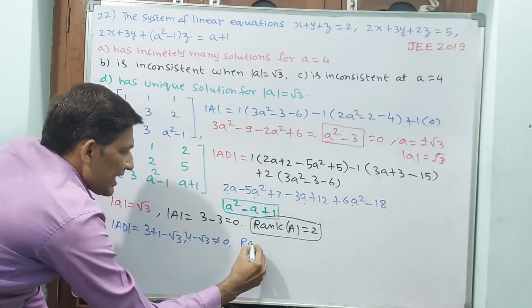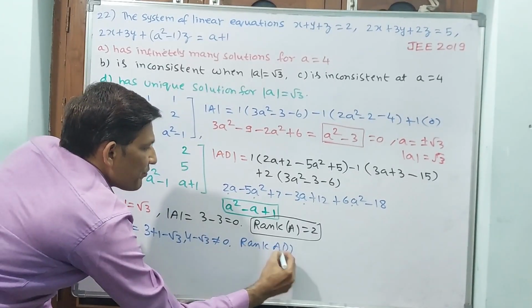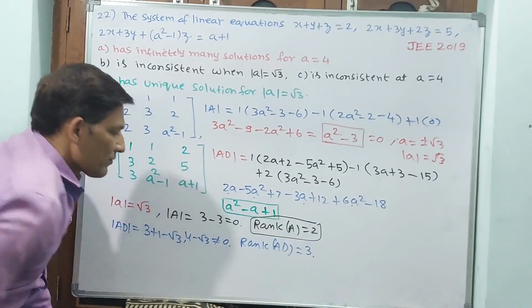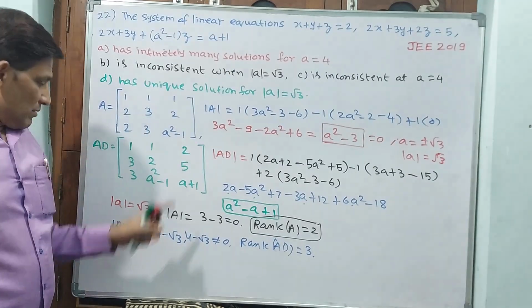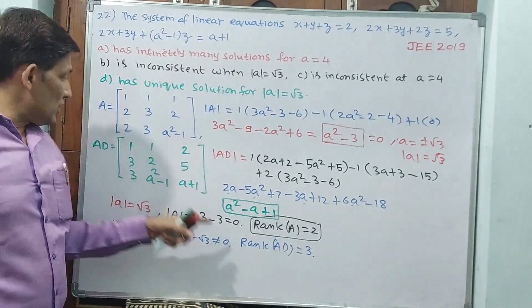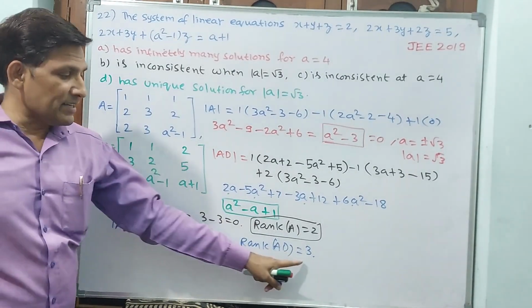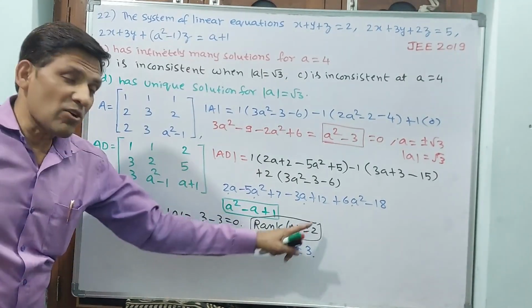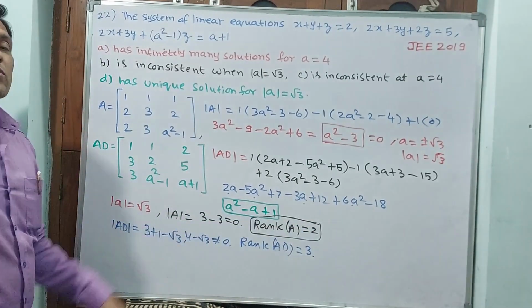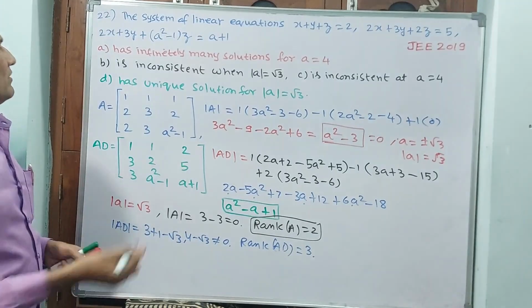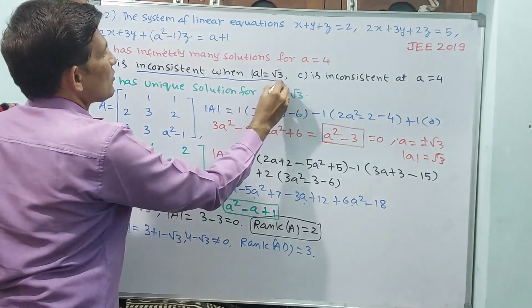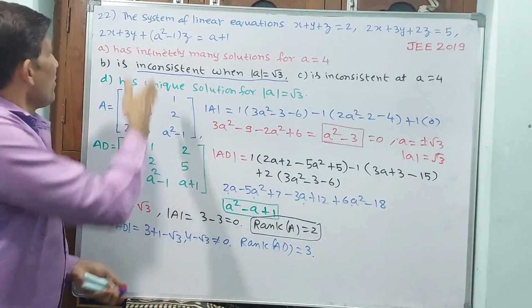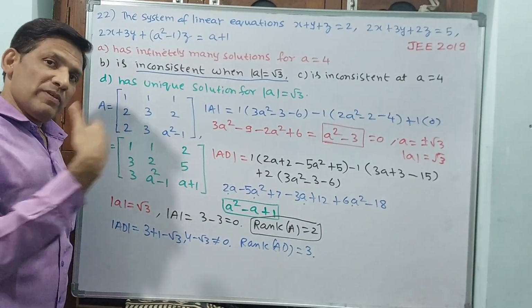Straight away, rank of AD is equal to 3. Here, it is equal to 0, that is why we have gone inside. When it is not equal to 0, then you need not go inside, rank 3. Both ranks are different. When both ranks are different means no solution. Inconsistent. Inconsistent, no solution when modulus of A is equal to root 3. B is your answer. Okay, let us go for next question.